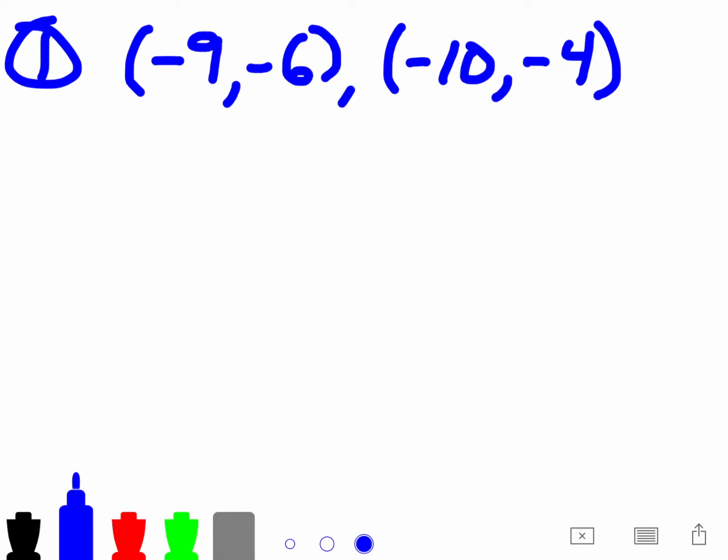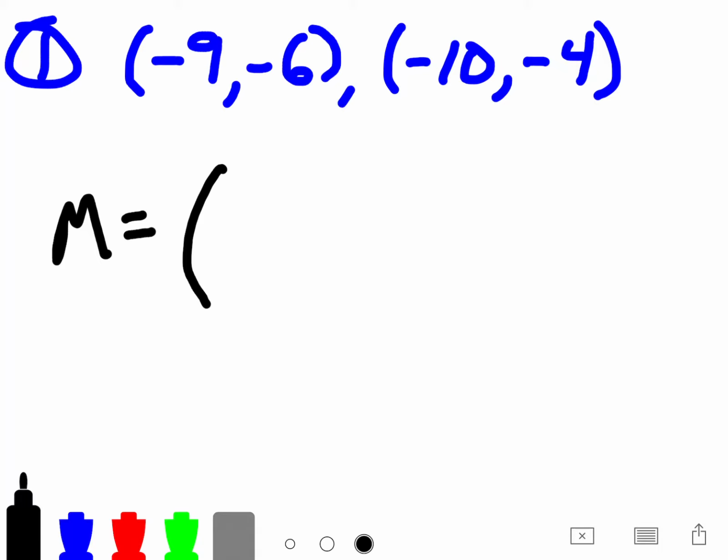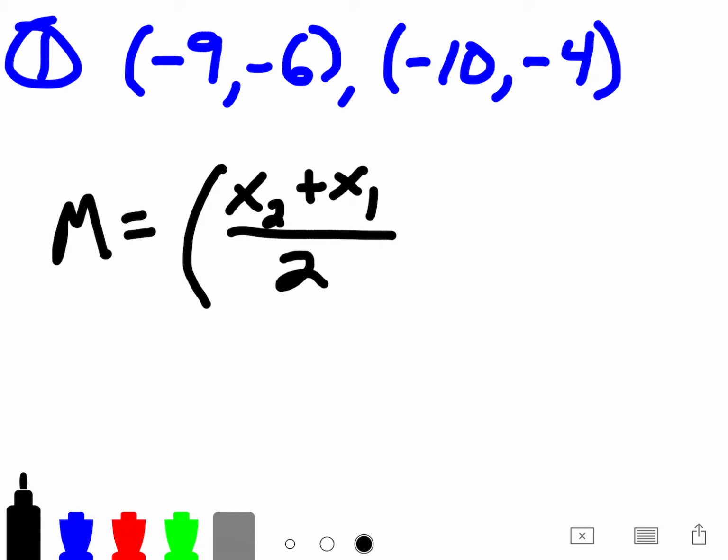Okay, so the midpoint formula, and I'm going to erase this after I write it, but I would write this at the top of my paper or at the bottom, somewhere where I can see it all the time. Midpoint equals, big parentheses, x1 plus x2 divided by 2, but it's going to be the same because it's adding.